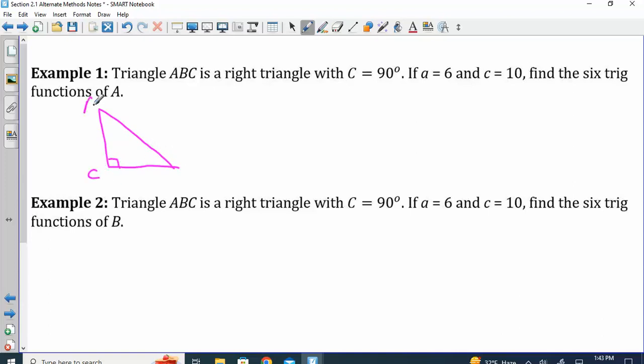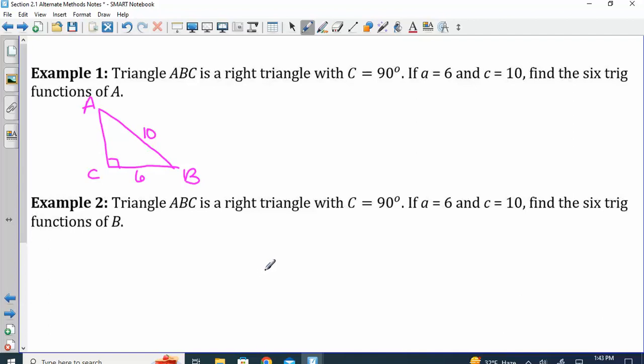Okay, so I'm just going to call my other angles A and B. Side A is 6. Where do I have to put the 6? Right on the bottom, opposite angle A. Side C is 10, so that would be my hypotenuse.